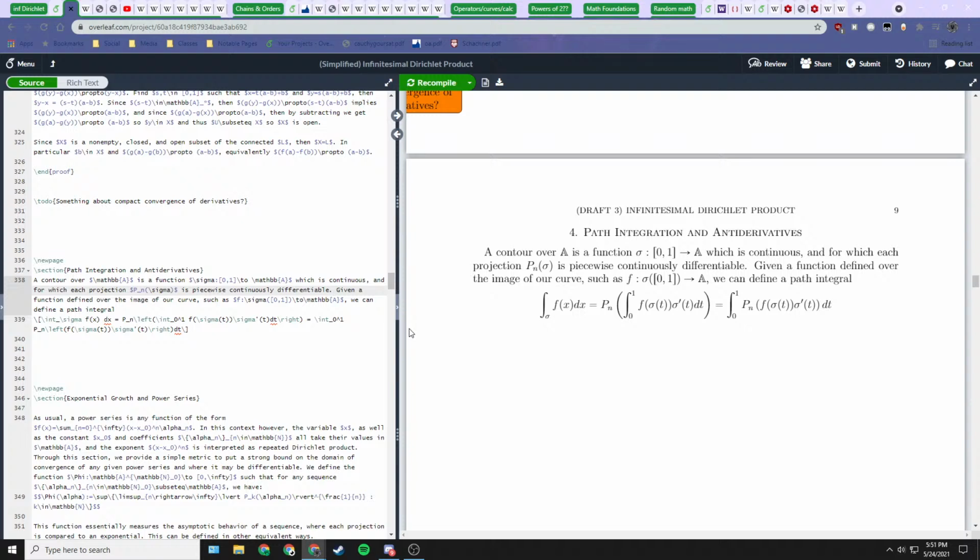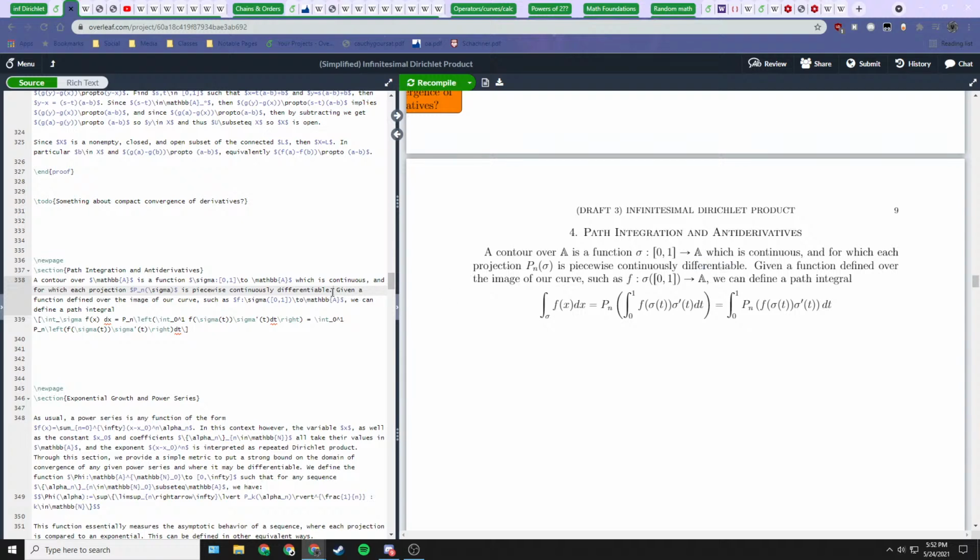Given that a piecewise curve has only countably many, in this case finitely many, points of discontinuity, and given that we have countably infinitely many projections, this should end up with only countably many discontinuities of its derivative.